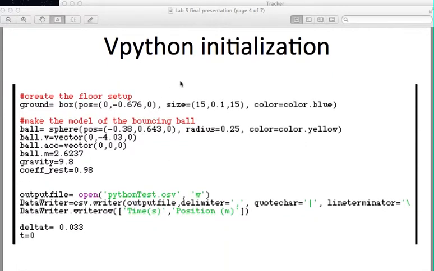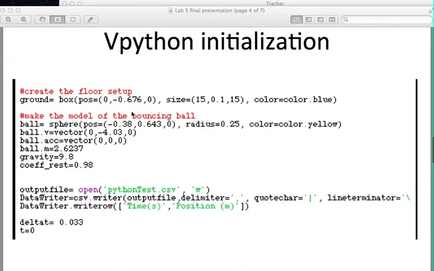I initialized using this line where I made basically a model of the ground so that the ball would bounce properly. And then I set where the ground was equal to the Y position where the ball hits the ground in Tracker.